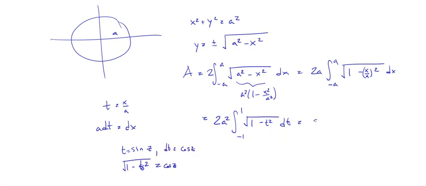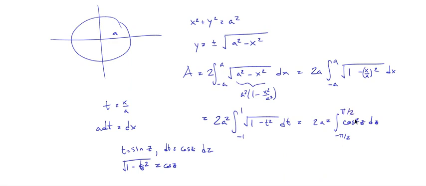So this is 2a squared, and then we have the square root of 1 minus t squared, the cosine, times the cosine. So we have the cosine squared of z dz. And now when t is minus 1, z is minus pi over 2, and when t is 1, z is pi over 2.